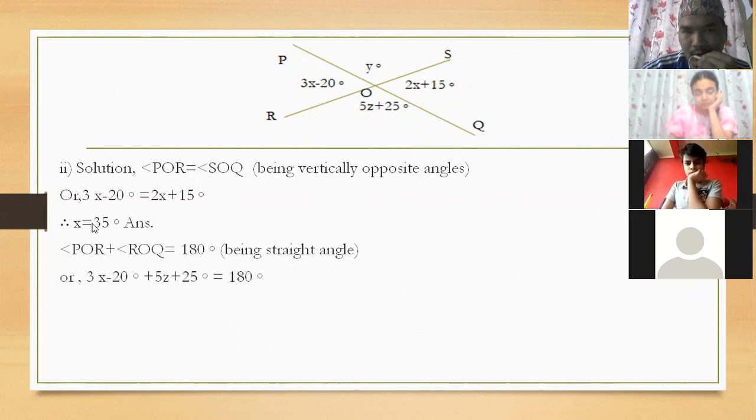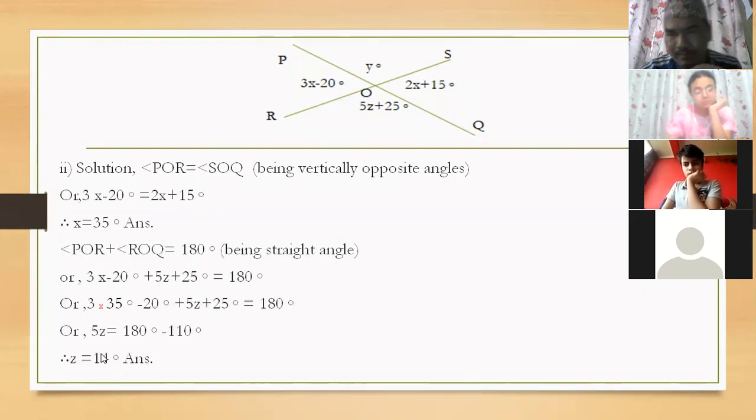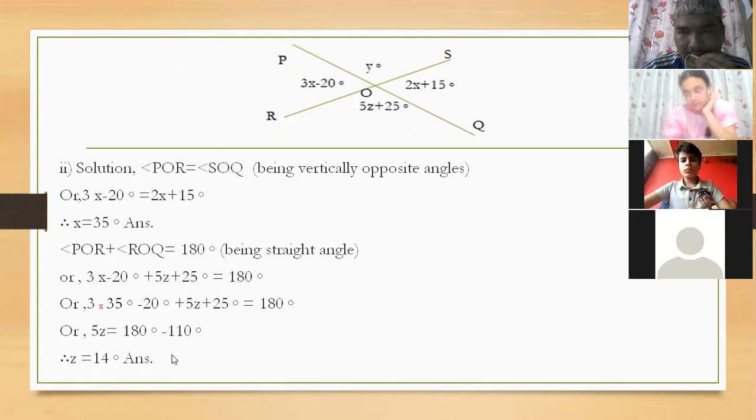Then we already know the value of x, we can put it here. Then from here we will get the value of z. You can note it down also. Okay? And see here, I am going to tell you the next one. Have you written this, children? Yes, sir. Okay.